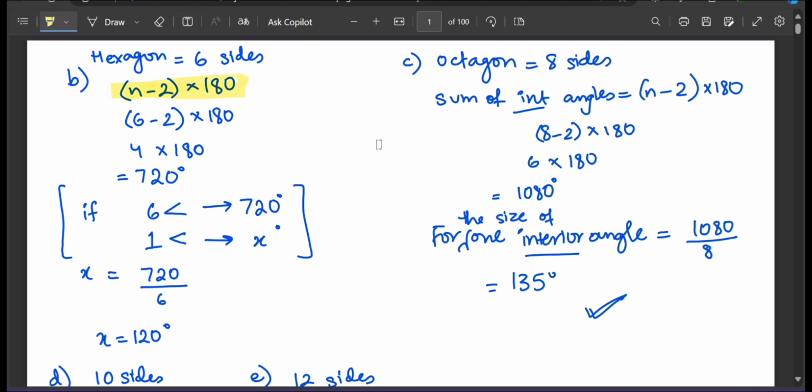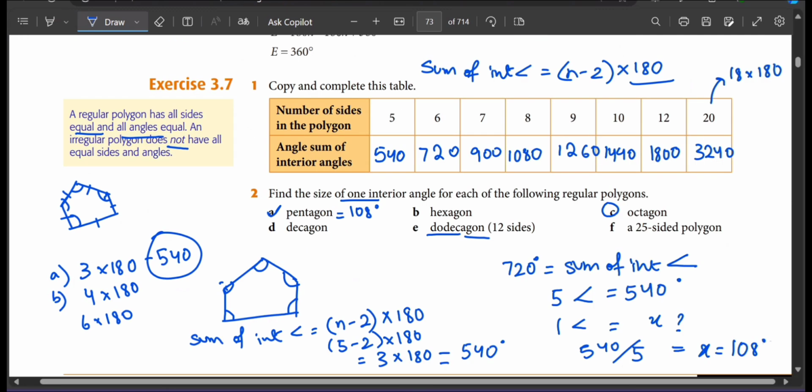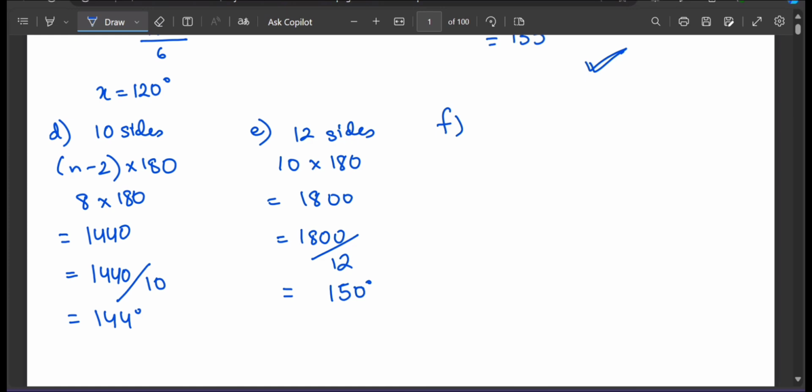And then lastly we have the F part, which is a 25-sided polygon. 25 sides, okay, no problem. (n minus 2) into 180, then we have 23 into 180, and when you do it on your calculator, you will get the value of 4140.